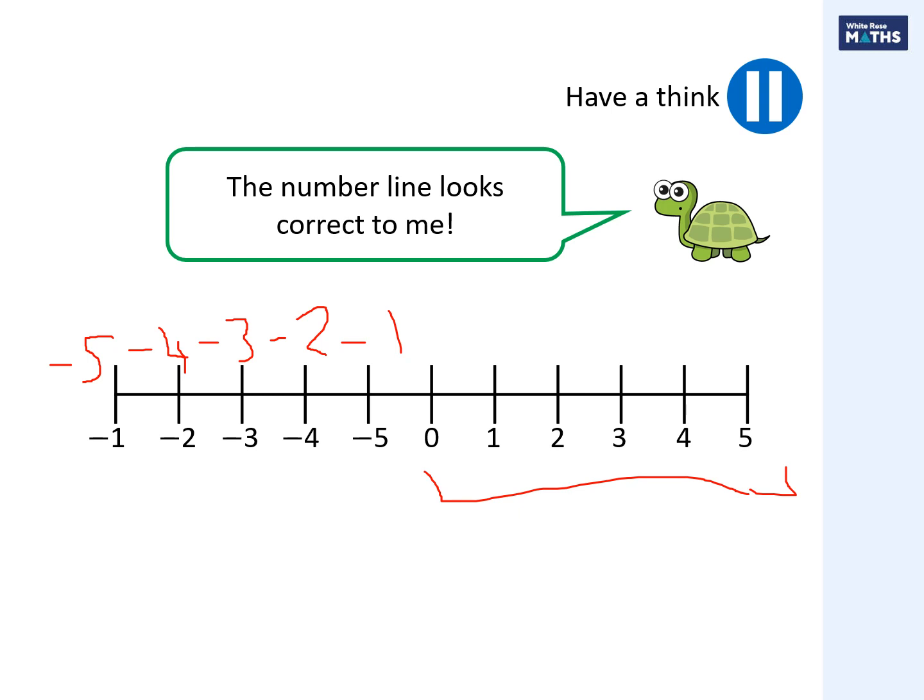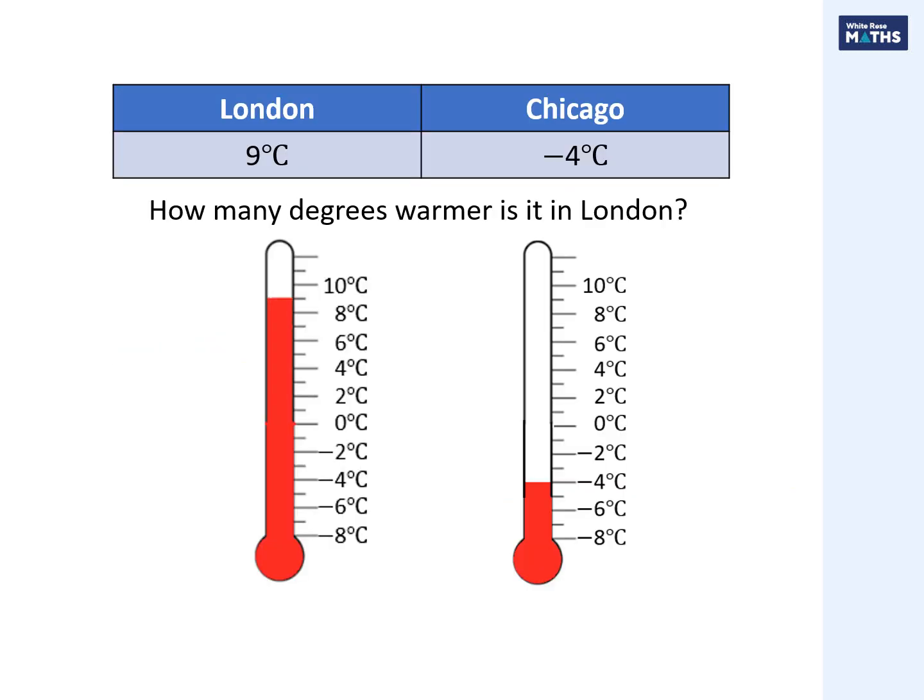The more left you go on the number line, the smaller the number, i.e., minus 5 is smaller than minus 1. It's also the colder the temperature, or the more in debt someone is if they're overspending. So it should be minus 1, minus 2, minus 3, minus 4, minus 5.